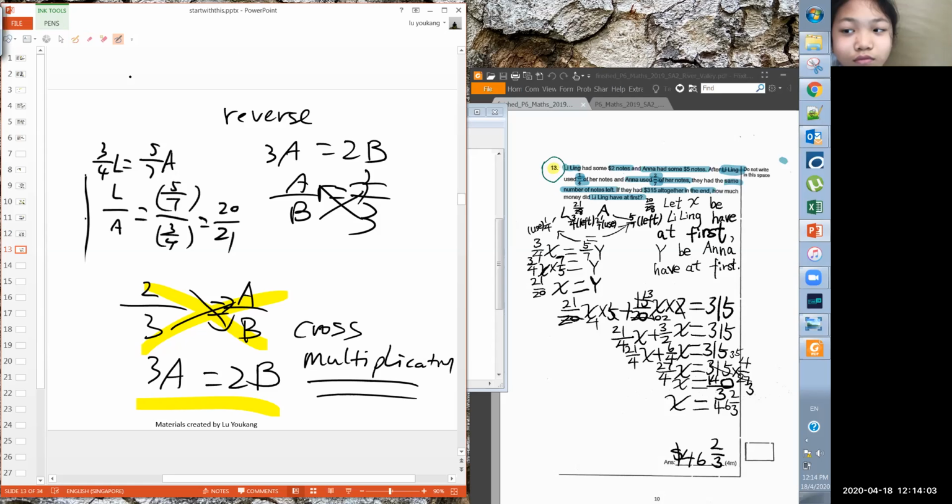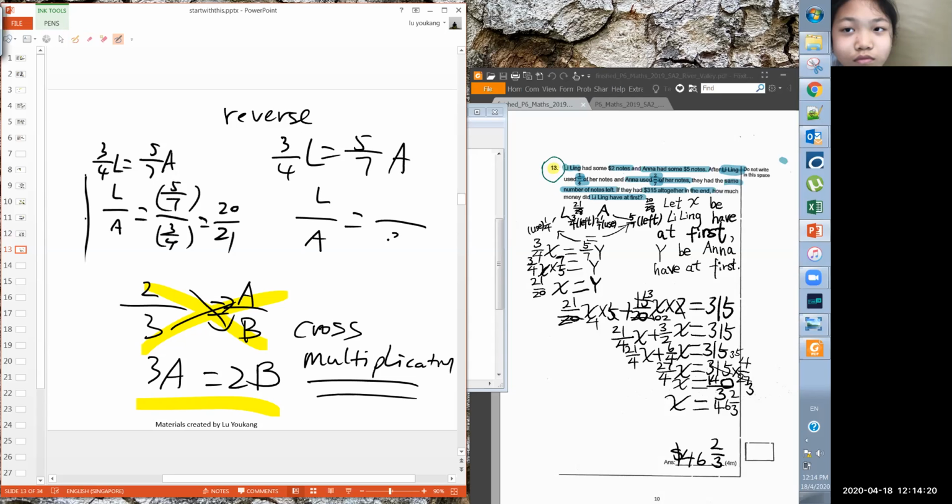So therefore, if you are given this one, 3/4 L, 5 over 7 A. So what you get is L over A is, so 3/4 L, right? So 3/4 should be below. Okay? So 5 over 7 should be above.